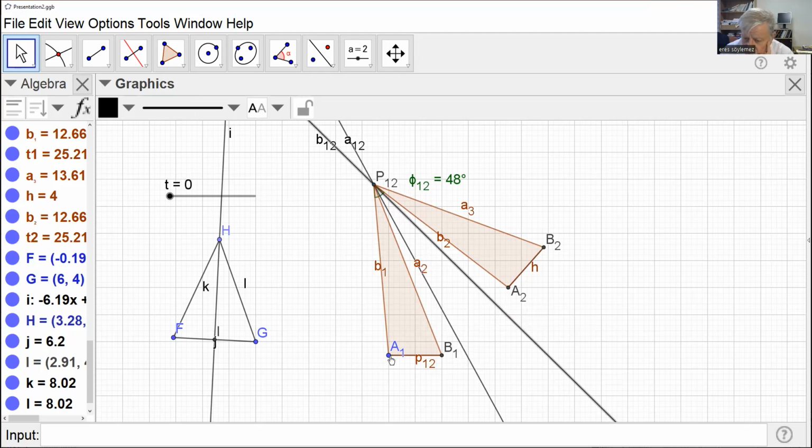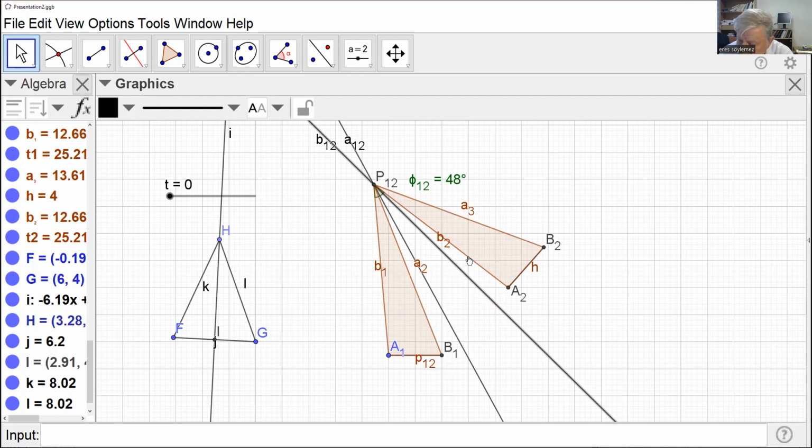Now let us look. A1P12B2 is equal to A1P12A2 plus A2P12B2, which is alpha plus phi12.